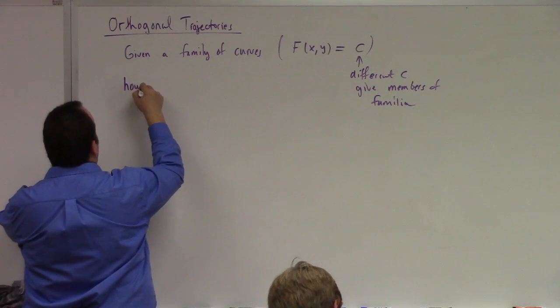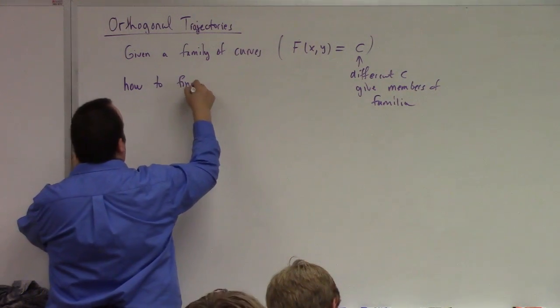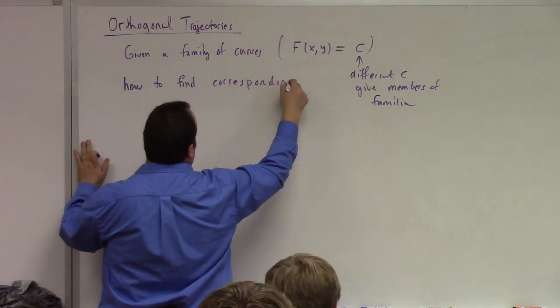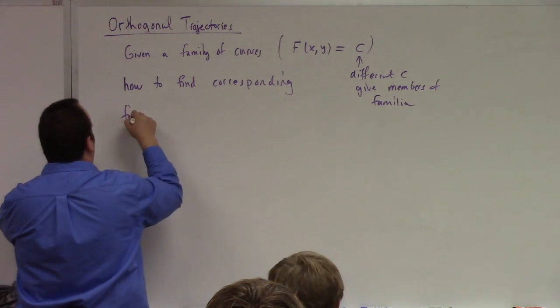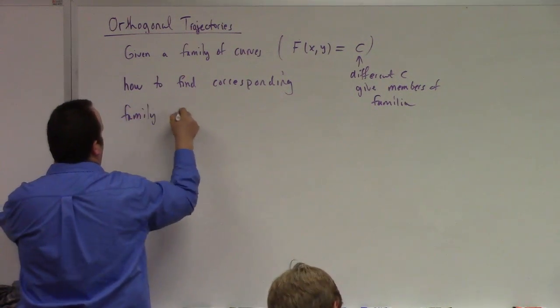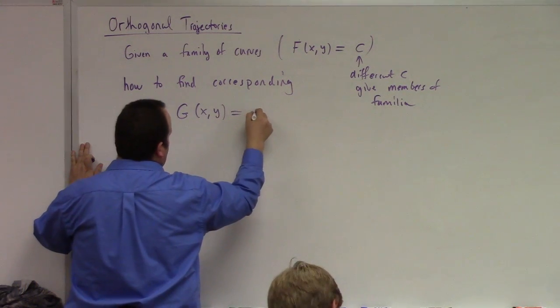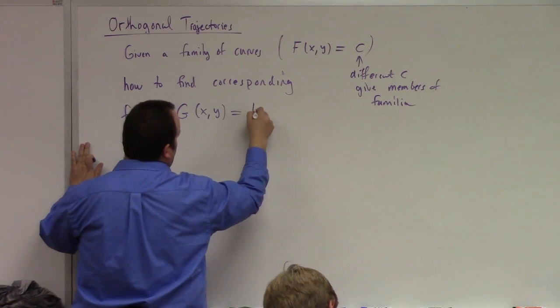How to find the corresponding family G of xy equals to C. I'll use B, fine.